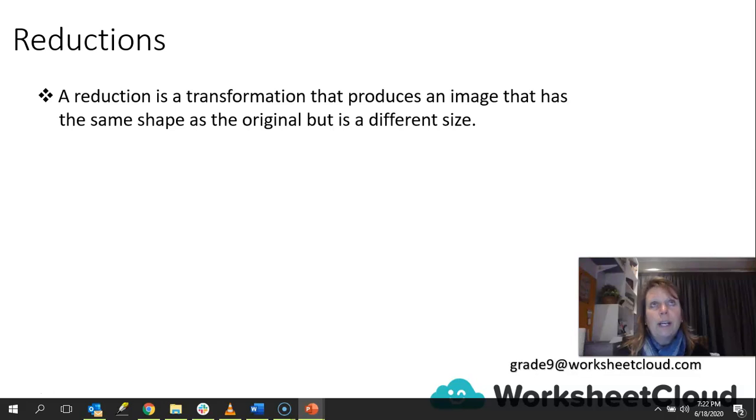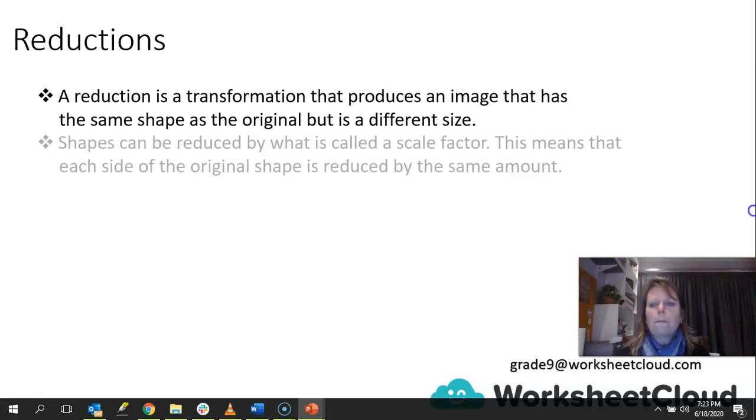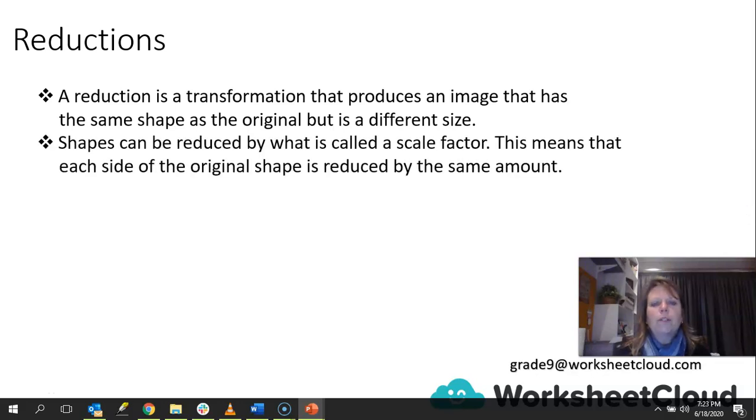So a reduction is a transformation that produces an image that has the same shape as the original, but it is a different size. Okay, so it's going to have a smaller size, but it's going to be in proportion with the original shape. Shapes can be reduced by what is called a scale factor. This means that each side of the original shape is reduced by the same amount.